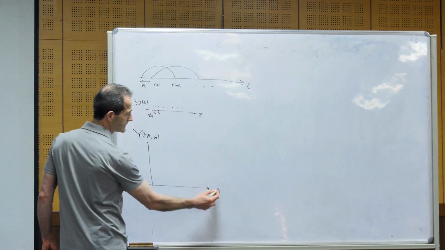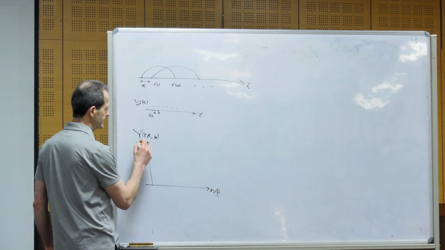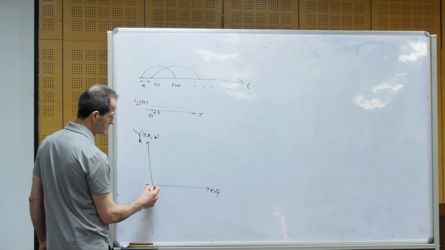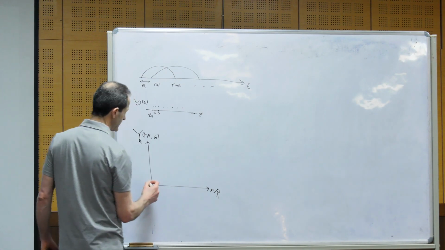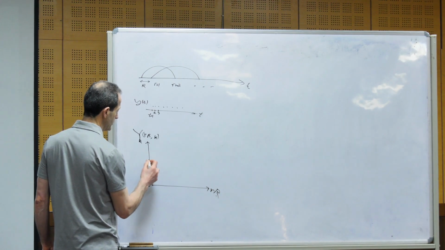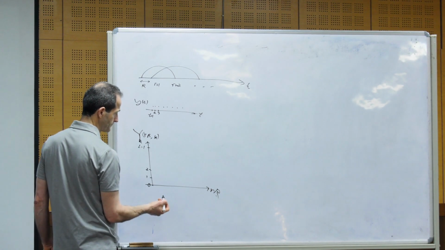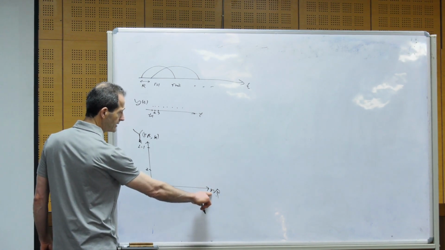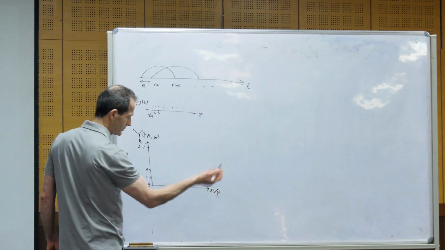But this R is constant. It's just the jump that we do. This is k. So k goes from 0, 1, 2, and so on, until L minus 1. And R is 0, 1, 2, and so on, whatever you like.